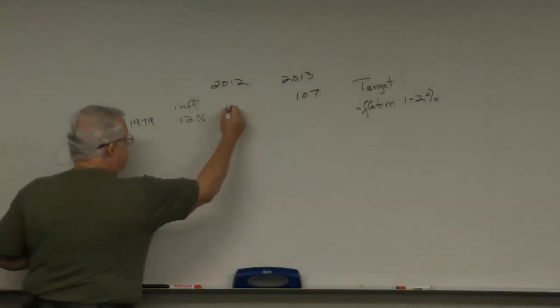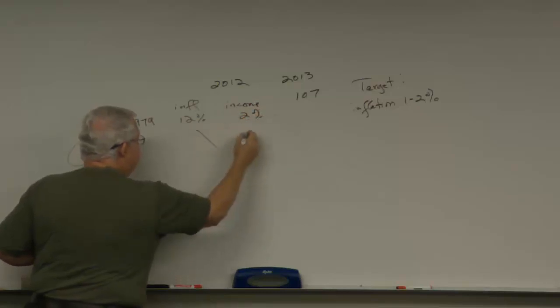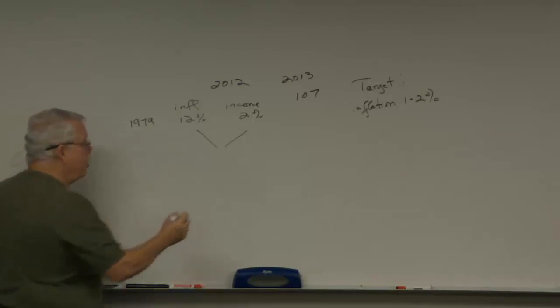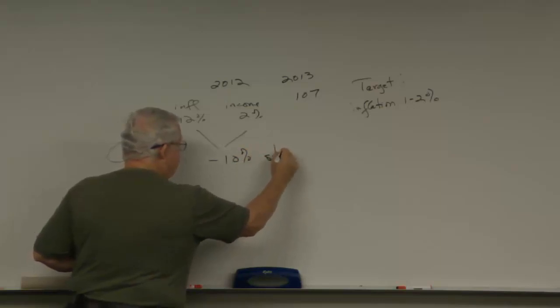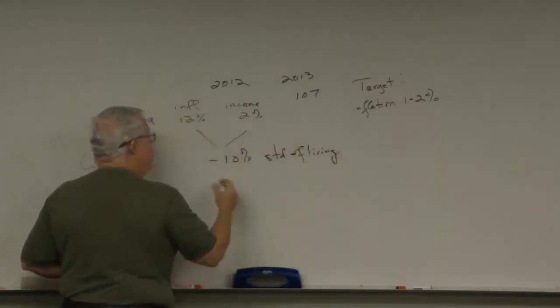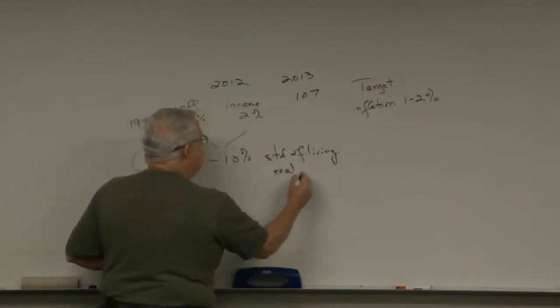If your inflation is there, but your income goes up 2%, how did you do? How far down are you? 10%. You lost 10% in your standard of living, or the way we would probably more commonly say it, you had a 10% drop in your real income.